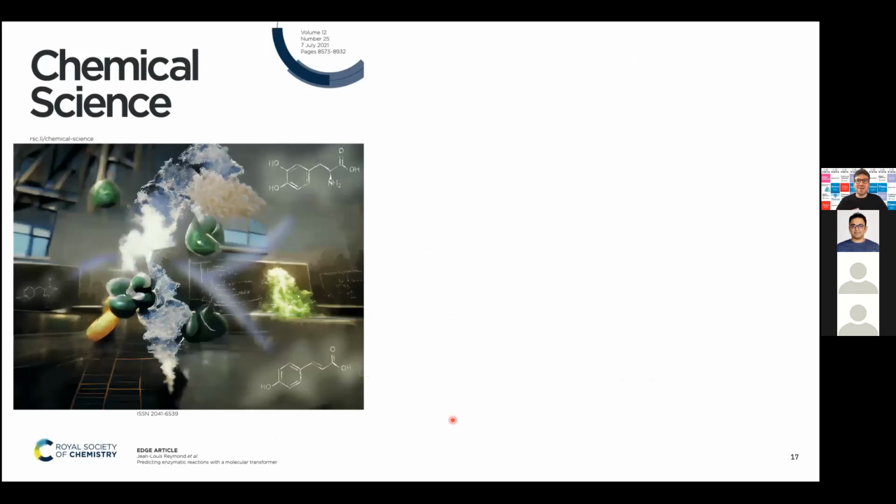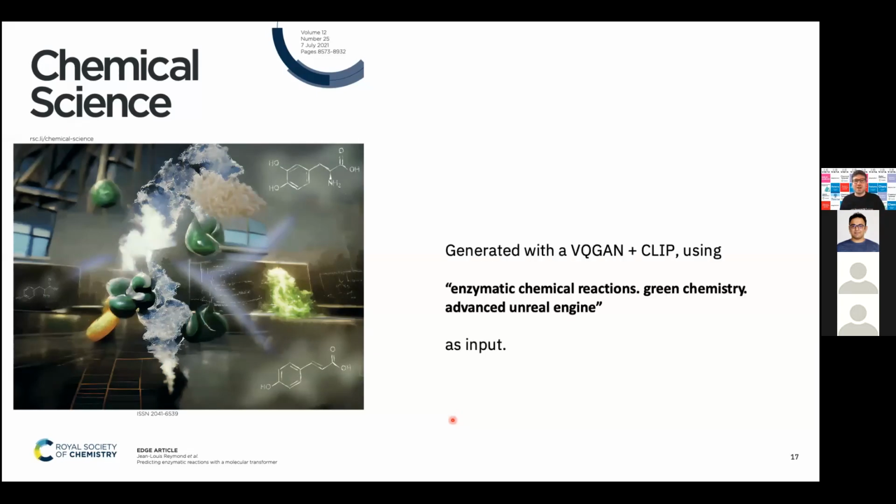Going back to David's publication, it recently made the cover of Chemical Science, and let me just tell you a few things about the story behind this cover, because the special thing here is that it was generated mostly by a VQ-GAN and CLIP model with a text prompt saying enzymatic chemical reactions, green chemistry, advanced Unreal Engine.